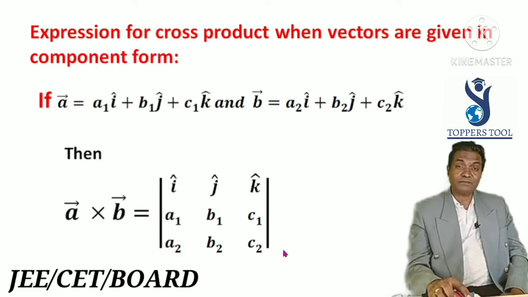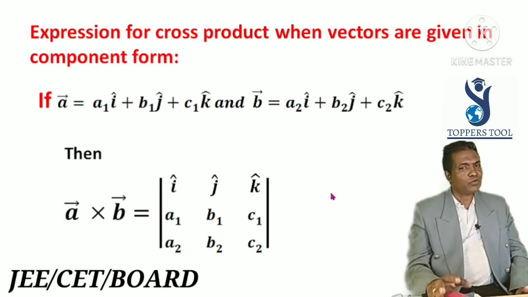How has it come, from where is it derived? There is a proof for this in the textbook also, so you can go through the textbook, or I will give one detail, so you can take a screenshot of this. I will not be proving this, proof is not so important.